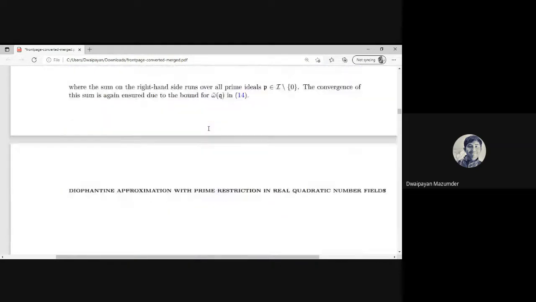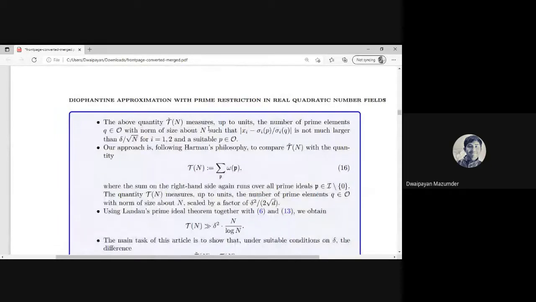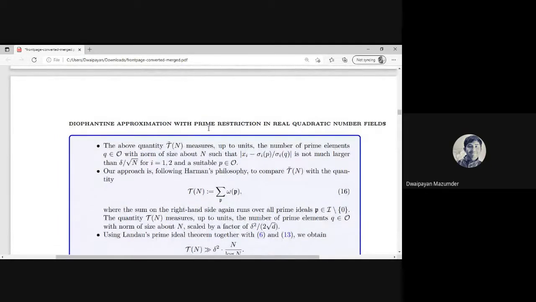So up to units it measures the number of prime elements q from the ring of integers with norm of size about n, such that moreover it involves this kind of f_q, which, if you go more than delta by square root of n, has exponential decay, so you are getting negligible things.